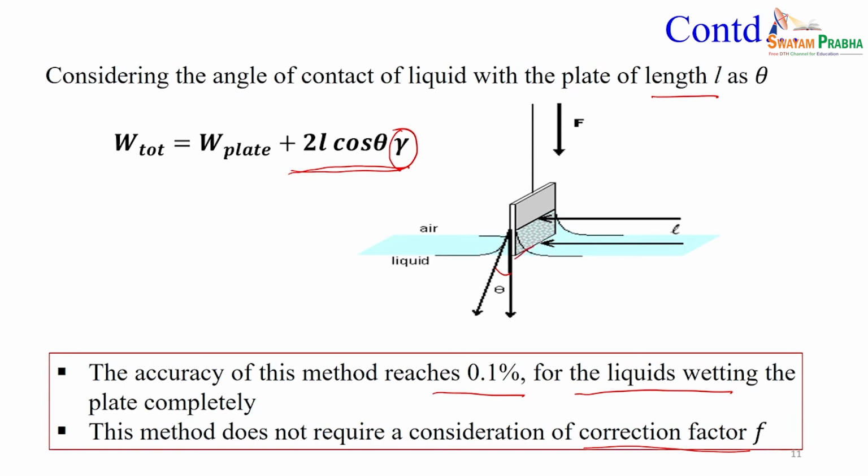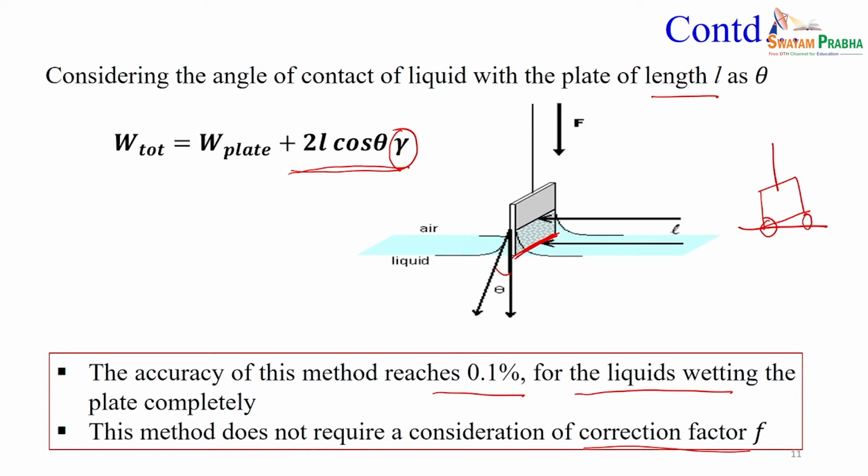If this is not perfectly horizontal, then again one part of the ring or plate will touch the liquid, other part will not touch the liquid. So, this is the liquid and your plate is not horizontal and you are pulling it out, then this is touching the liquid, this is not touching the liquid.